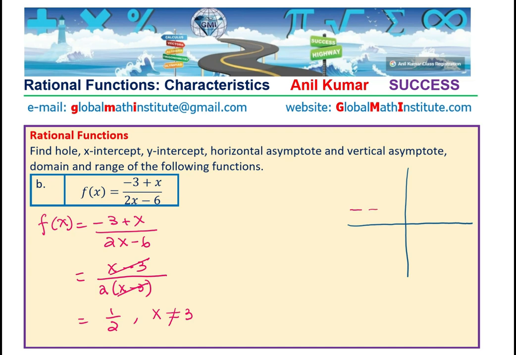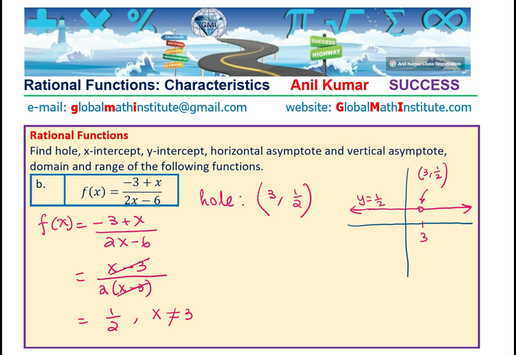Except at 3, you'll have a hole. So y is equal to half, and this coordinate point here is 3, half. So we have a hole at x equals 3, the discontinuity, and the value is half.